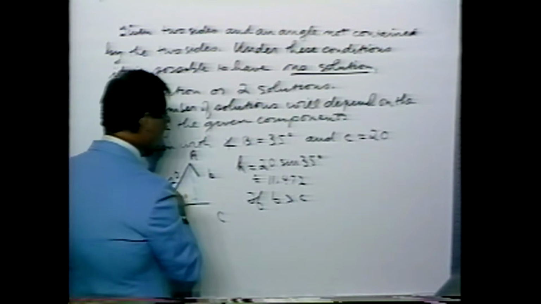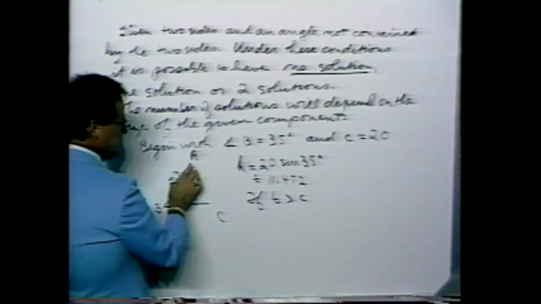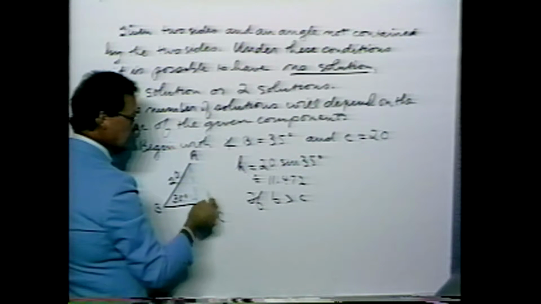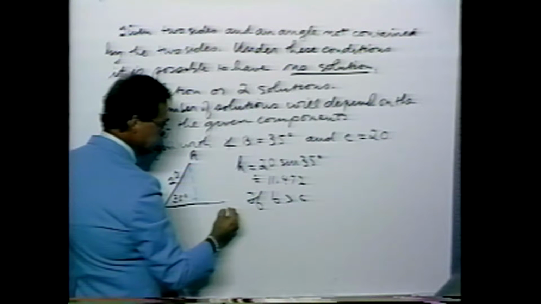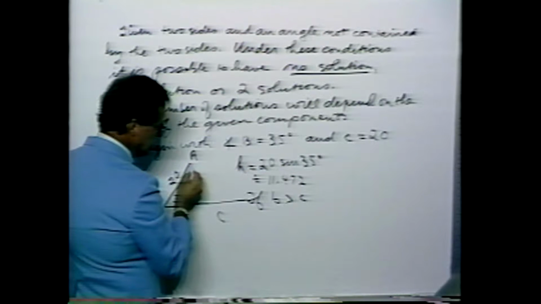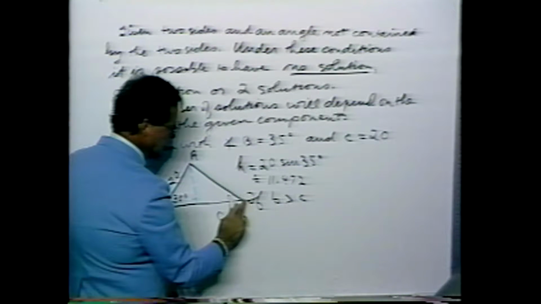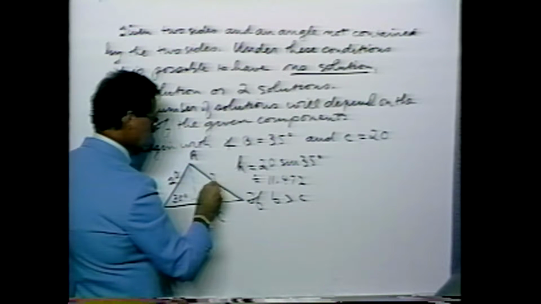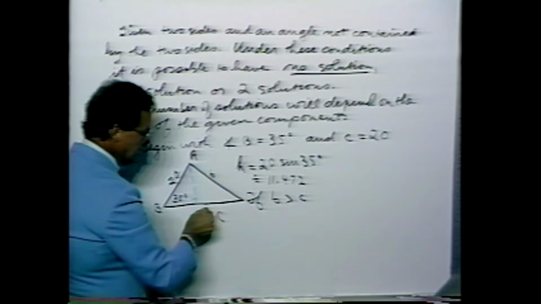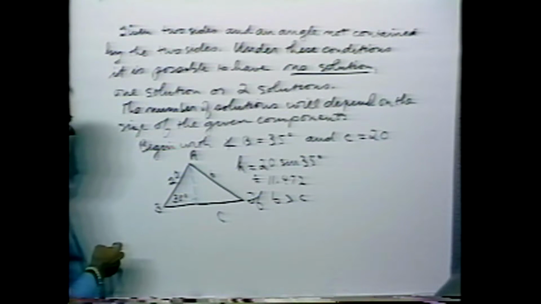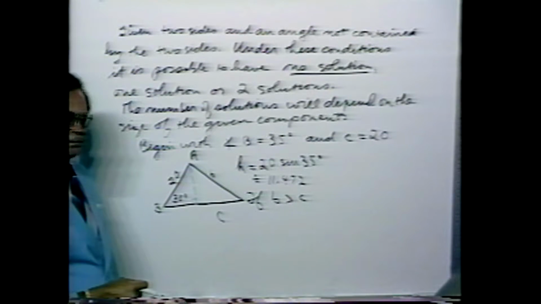In other words, in this case, if B is greater than 20, this arm acts as though it's on a hinge. So if the length of B is greater than 20, like 21, for example, there is again only one solution possible, and you have enough information to find out what that is by using the sine laws.